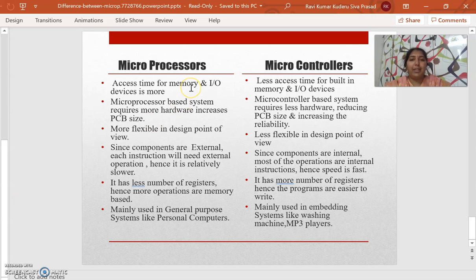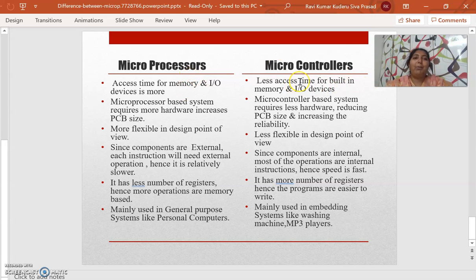And the next difference is the access time. Access time is nothing but how the data can be transferred from the memory to the processor for execution. Since the memory is a separate unit and the I/O devices or the CPU is a separate unit, it requires more access time to transfer the data from the memory to the processor.